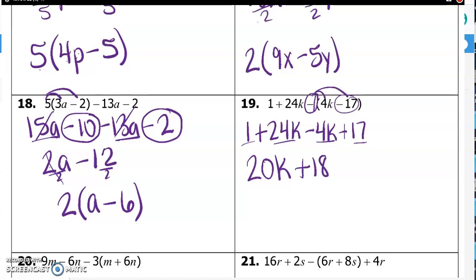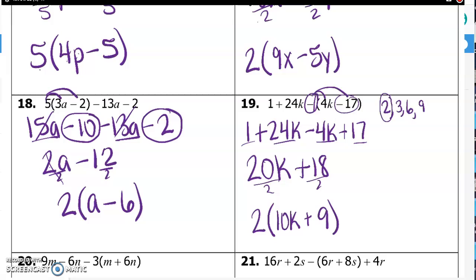So 18 does not go into 20. So if you want to list the factors of 18: 2, 3, 6, 9. The only one of those that goes into 20 is 2. So 2 is what we write on the outside. 2 times 10 gives me 20, so 10k, plus 2 times 9 gives me 18. 10k plus 9 is what goes inside. Again, if you want to show the division, you can do that.